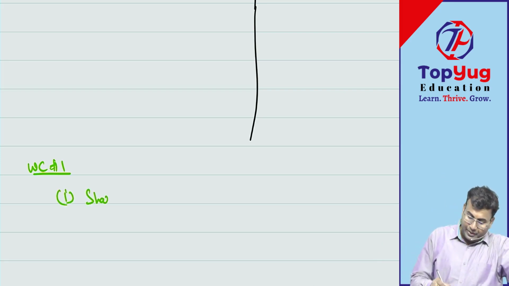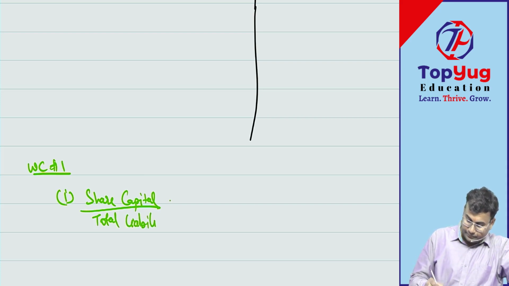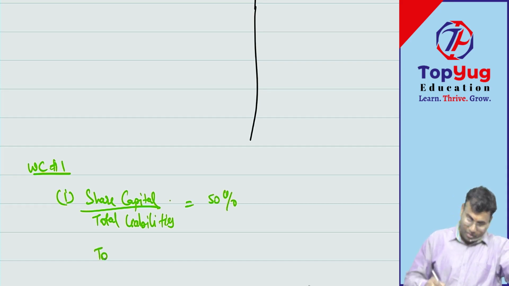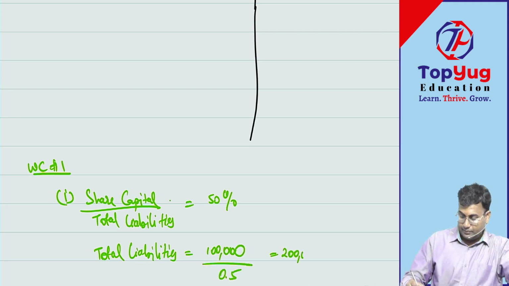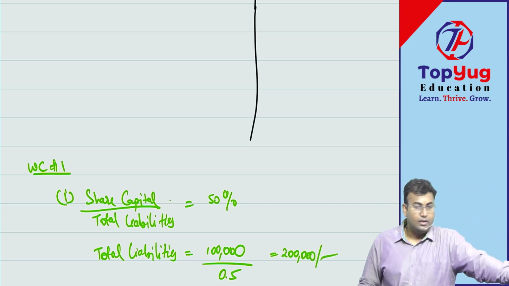If the share capital by total liabilities is equal to 50%, then total liabilities is equal to 1 lakh divided by 0.5. Are we all good? Guys, are we all good?